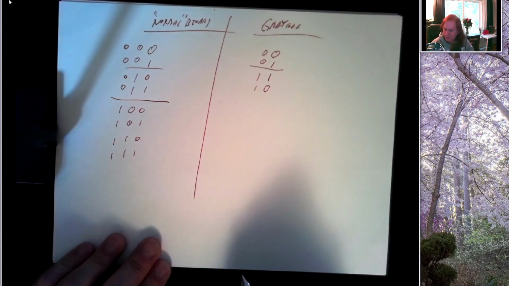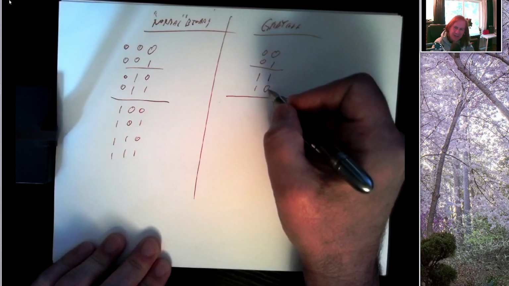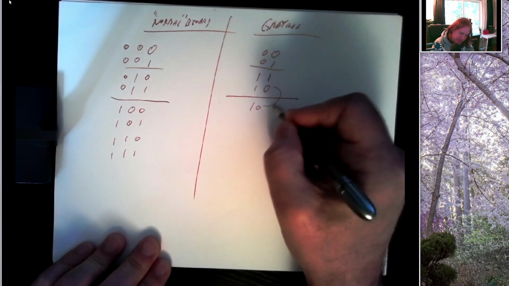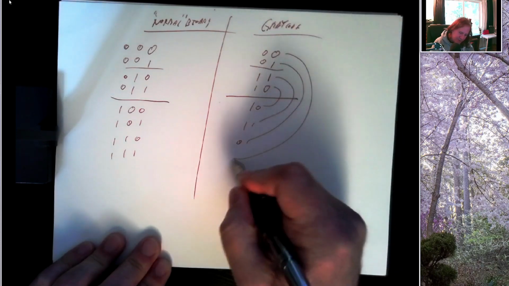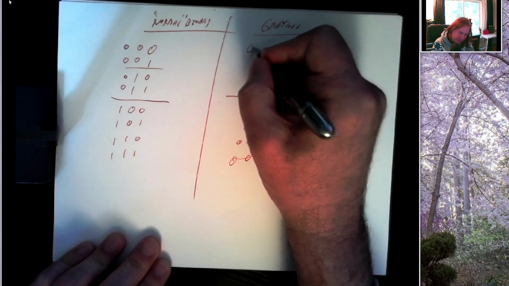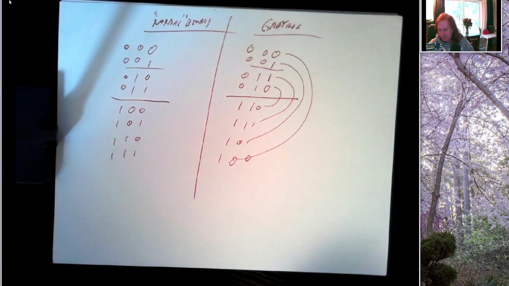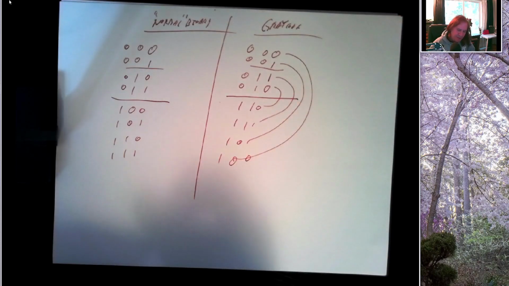So there's our 2-bit gray code. Now if we want to do 3-bit gray code, we take these 4 patterns and we rewrite them, but we reflect it. Right? We put 1, 0, 1, 1, 0, 1, 0, 0. And then we put zeros in front of the top and ones in front of the bottom. And there's our 3-bit gray code.